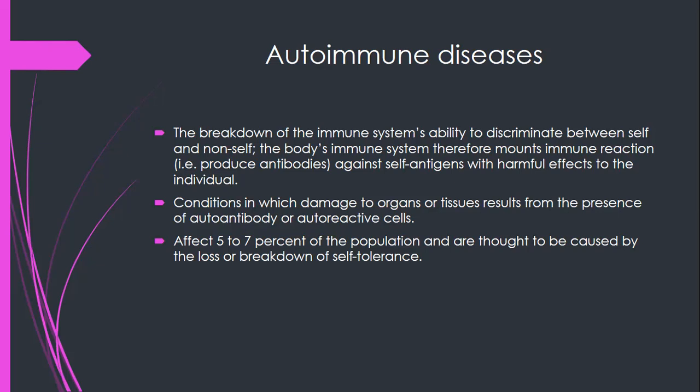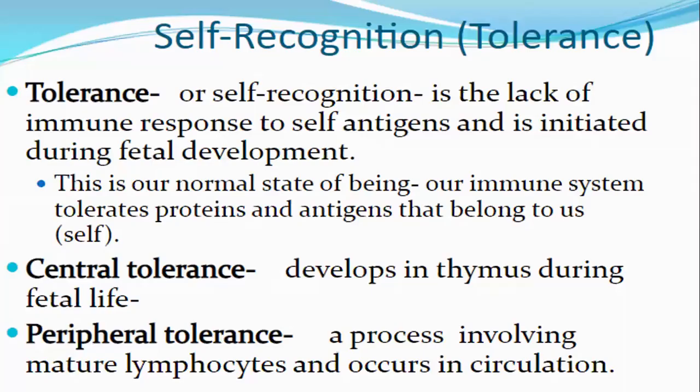We term these antibodies autoantibodies because they are attacking your self-antigens. Now, autoimmune diseases affect 5 to 7% of the population and are thought to be caused by the loss or breakdown of self-tolerance.